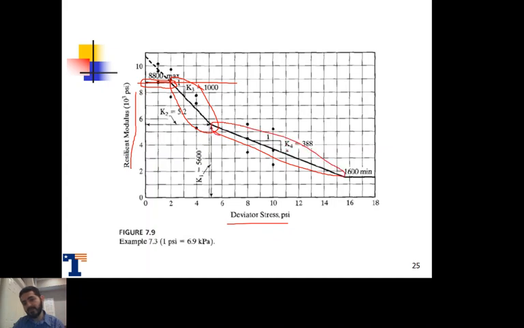It has its own slope, which is K4, and once we intersect these two lines, the x-coordinate of this point right here is basically K1, which is 5600, and then the K2 is 5.52, which is all the way to here.